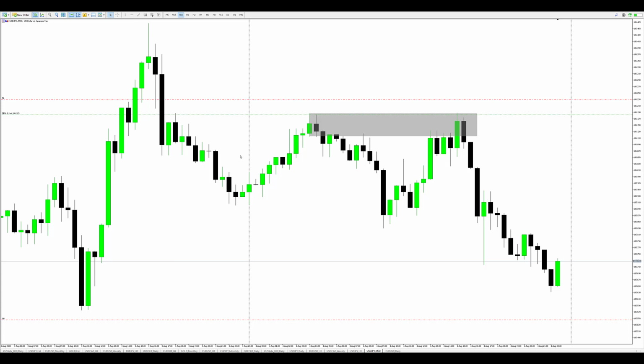So now what I'm gonna do on this trade is scale down. As you can see, I'm in with a lot size of 0.1. I'm going to scale down my position and move my stop loss just above this up candle's high.